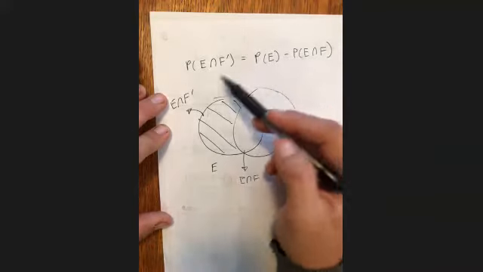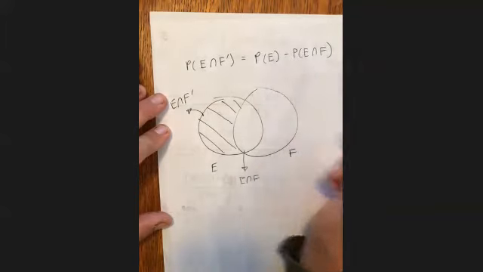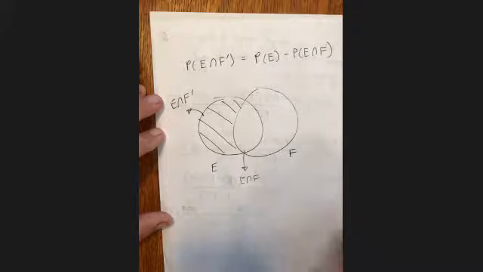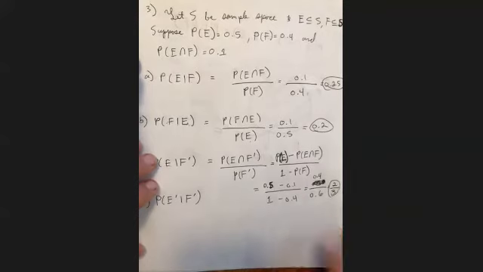So that's how these probabilities work out. Probability of E intersect F complement is probability of E minus probability of E intersect F. So study that Venn diagram and it'll make sense to you. Okay, so for part C, we got the result 2/3 or 0.66.